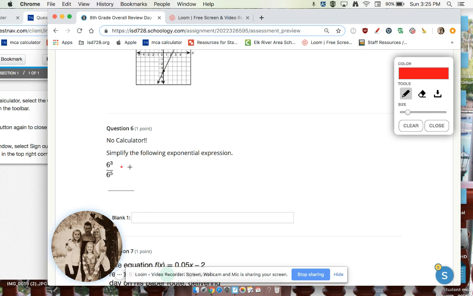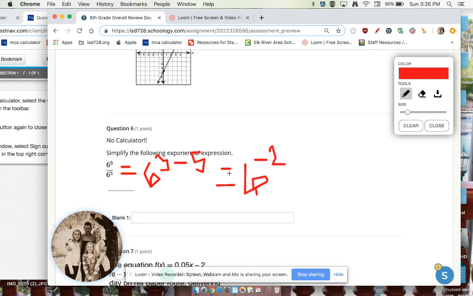So you can rewrite this as 6, and since it's division, you subtract, 3 minus 5, which equals 6 to the negative 2.